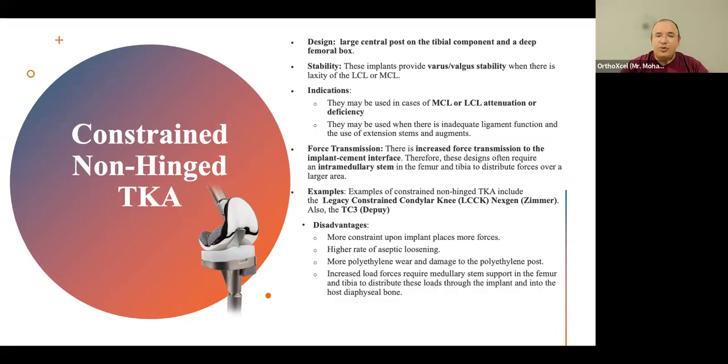The problem, as we agreed, is the more constrained the knee, the more stress on the interface between the implant, cement and bone. That's why we have to use a stem. We cannot use big or small pegs anymore. We have to use a big stem because we need proper holding in the femur and tibia, not to allow early loosening. That's why it's very important to have a stem in a constrained knee.